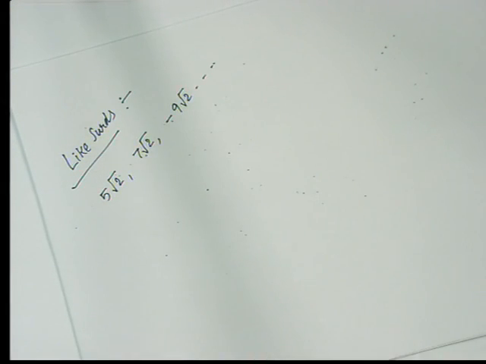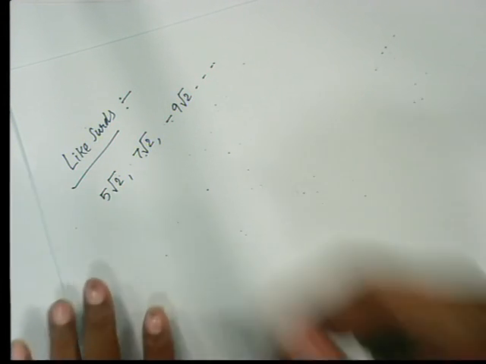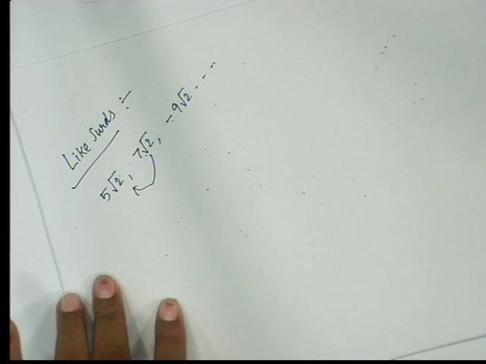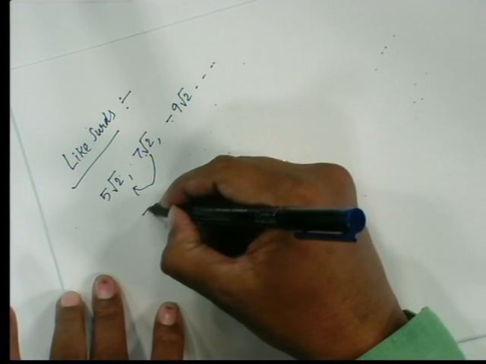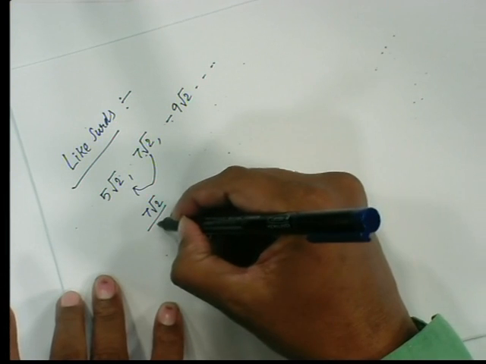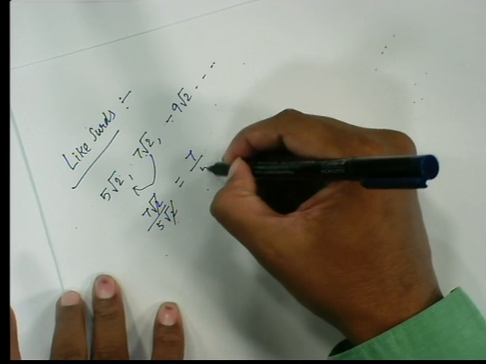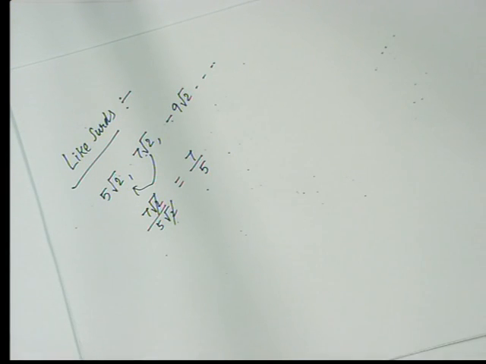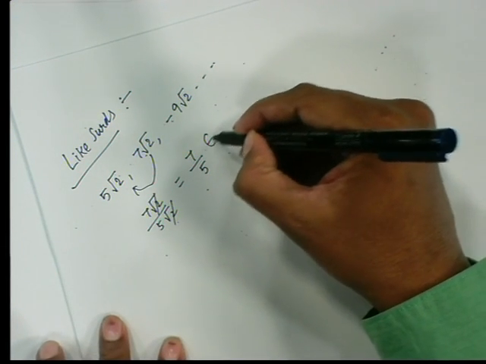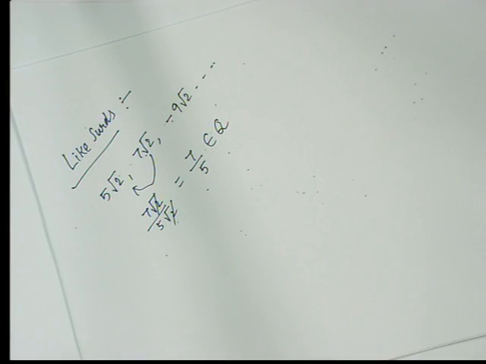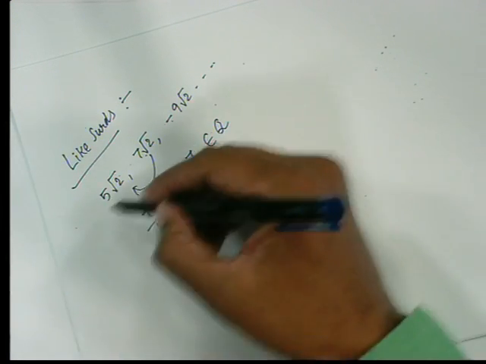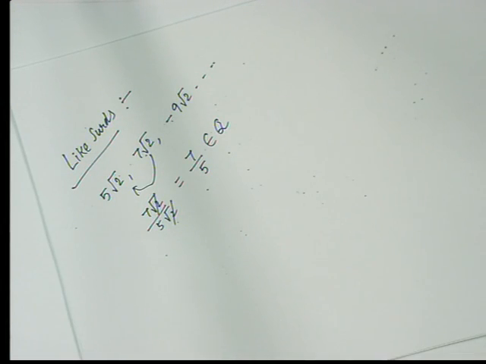Now let us find the ratio of these two, that means 7 root 2 by 5 root 2. Root 2 gets cancelled. What do you get? 7 by 5. This 7 by 5 is in the form of p by q, so this is a rational number. Since the quotient of these two is a rational number, these SURDS are called like SURDS. These are examples of like SURDS.